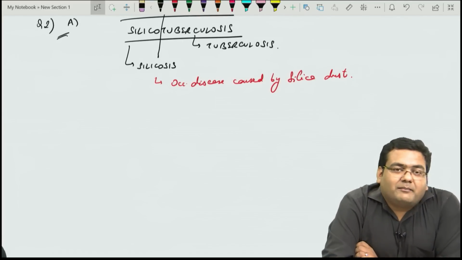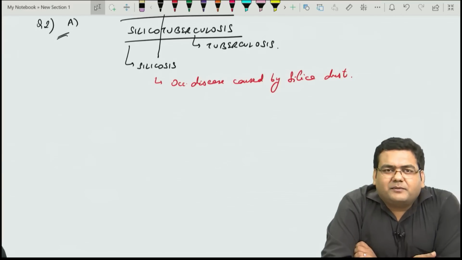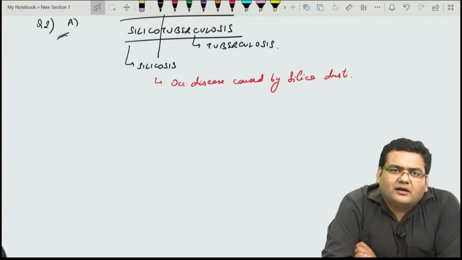So what is the mechanism? Why the people who are suffering from silicosis are more prone to getting tuberculosis?